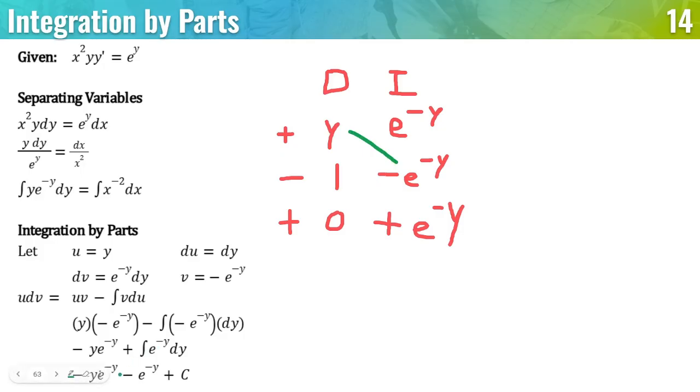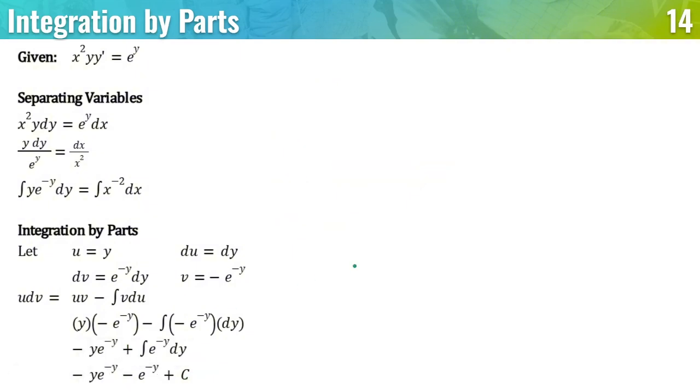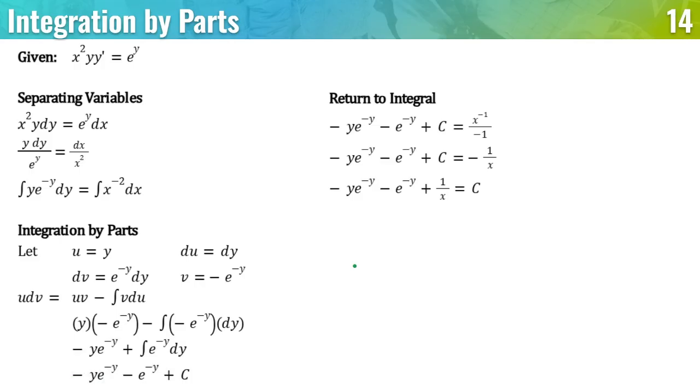So this is correct. Minus e raised to the negative y. So this is correct. And for the last row, it results to 0. So simply make plus c. So now that we have this in either method, you can now return it to the integral.